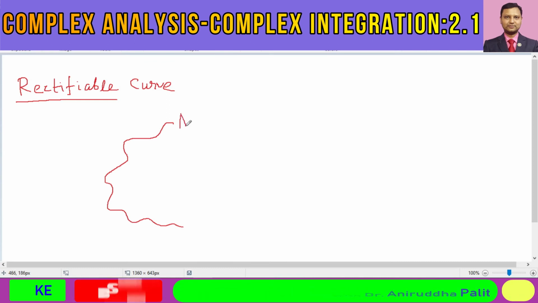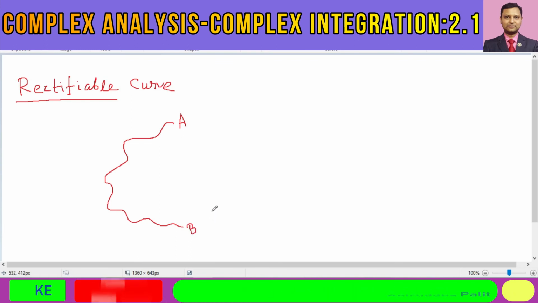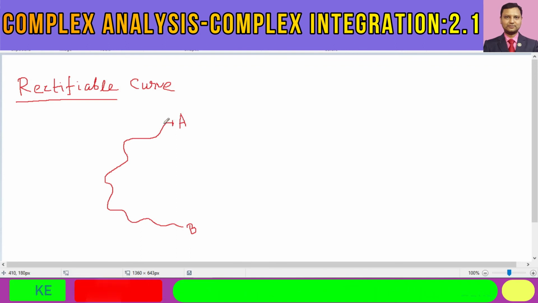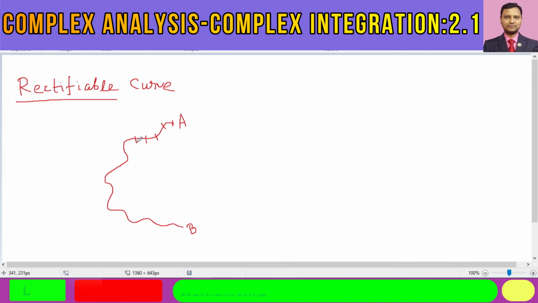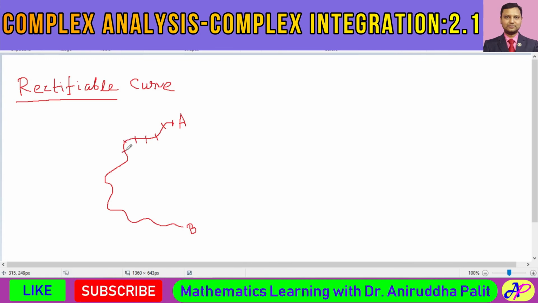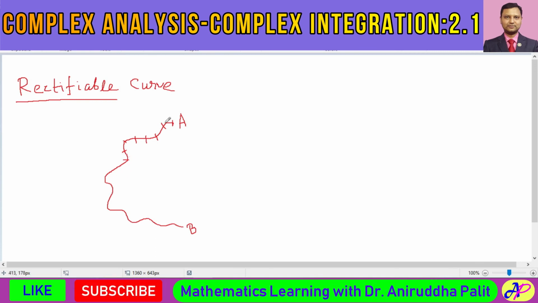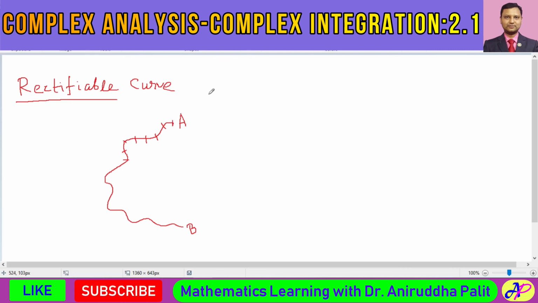Starting from the initial point capital A to the final point capital B, we would consider this first point, and then very close to this point we will consider a second point, then the third point, the fourth point, and so on. We will try to subdivide this length into very small segments, so that these small segments would look like a straight line.